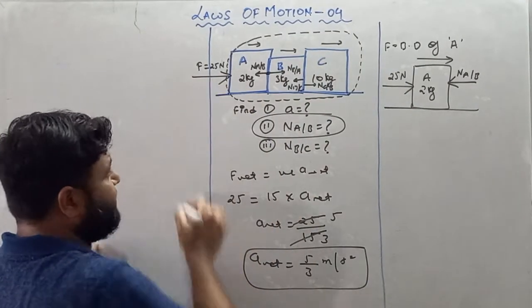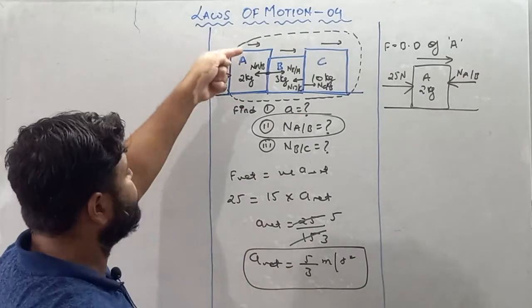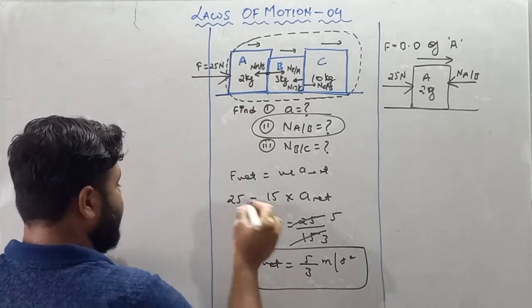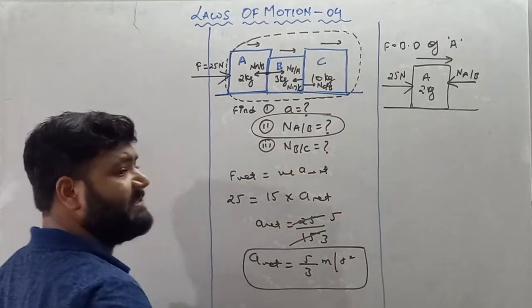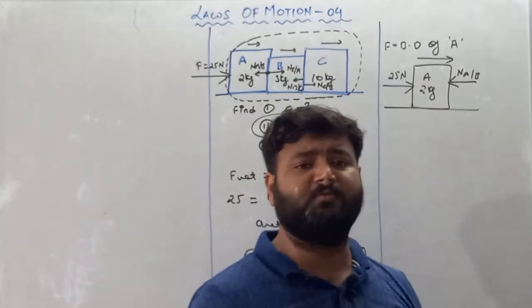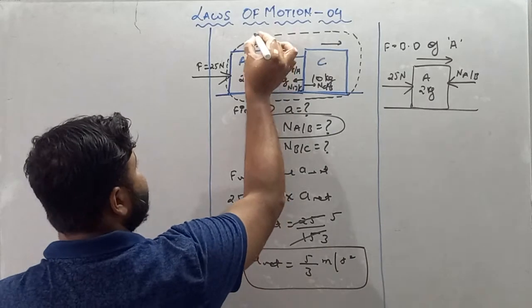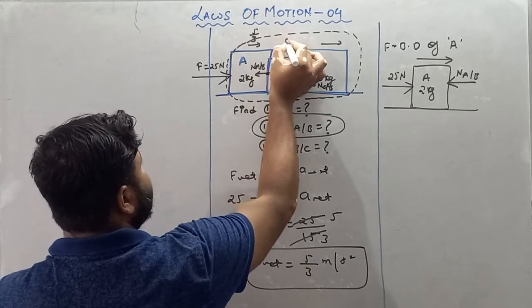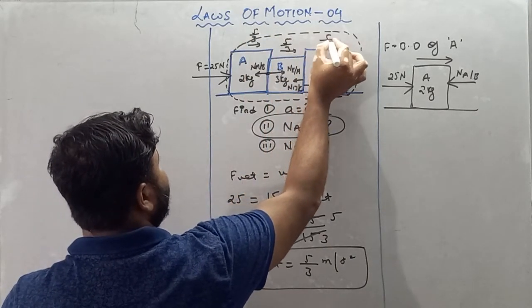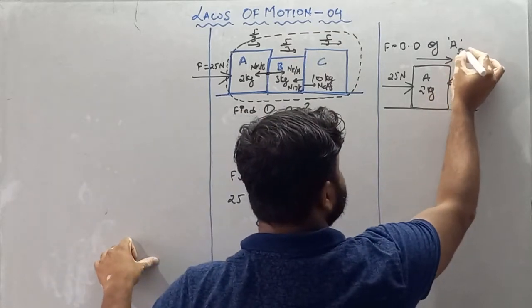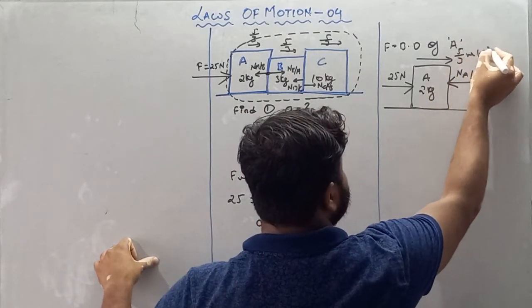The direction of the applied force is on this side, so the acceleration is also on this side. As all the bodies are moving together, the acceleration must be the same for all bodies. It is 5 by 3, 5 by 3 and 5 by 3. So the acceleration is 5 by 3 meter per second square.